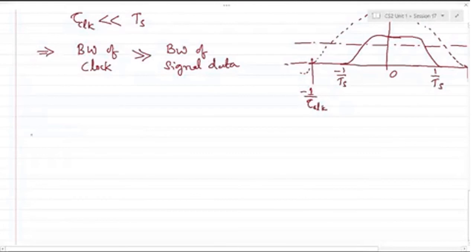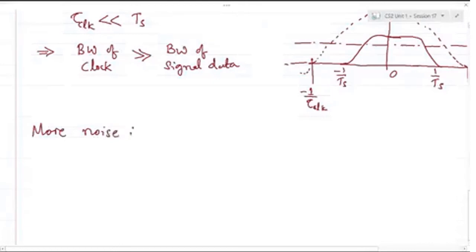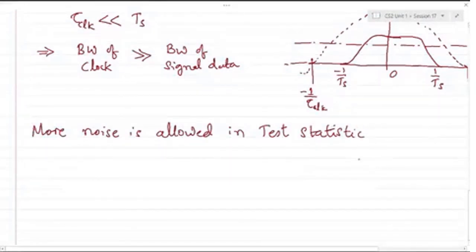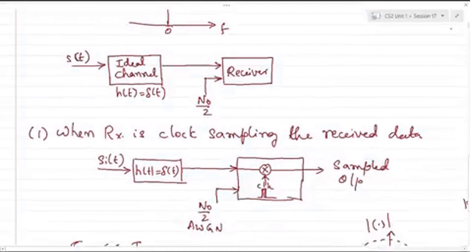So more noise is allowed in the test statistic. Earlier this used to be the case, but we have moved away from such techniques. Of course, it depends on the application, but for wireless applications, you would definitely incur more noise in the sample output.